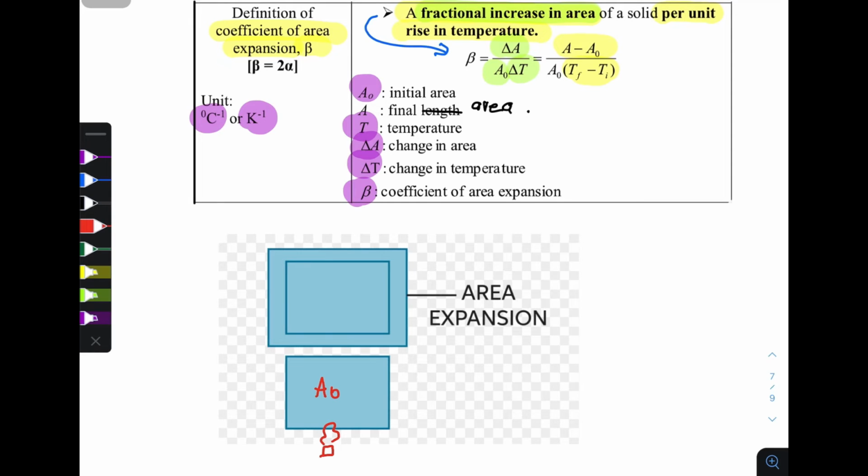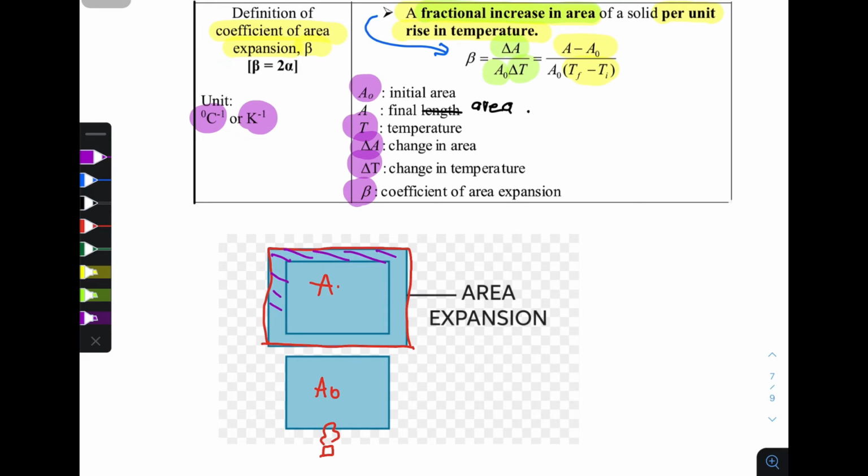So kamu akan dapat area yang baru, iaitu A. So mana delta A?